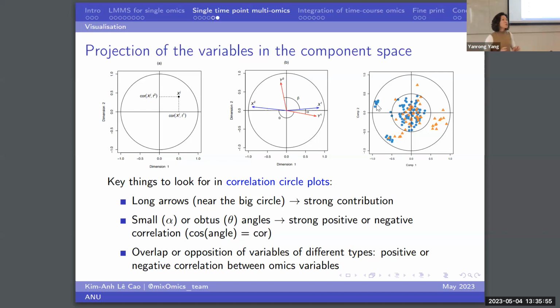And so you can start to understand what's going on in your variable selection. This is where you can start to visualize the integration that is happening between different layers of biological information. The reason why I'm spending so much time on this is because we're going to use that information to integrate time course omics data.